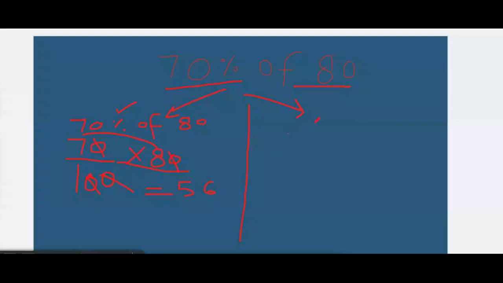Now let's do the same question by using mental math. 70% of 80. So what will be the 100% of 80? 100% of 80 will be 80.